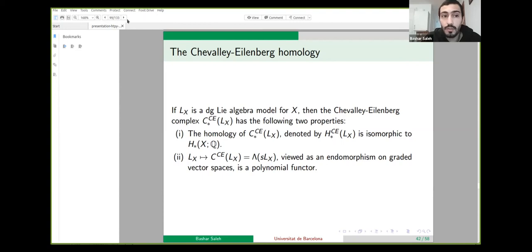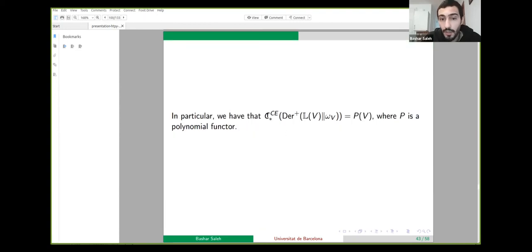Thus, if we take the composition, V to this is a polynomial functor, and then we apply this again. This is again a polynomial functor, and the composition of polynomial functors is again a polynomial functor. So we can just view this thing as a polynomial functor applied to V, an inner product space V.